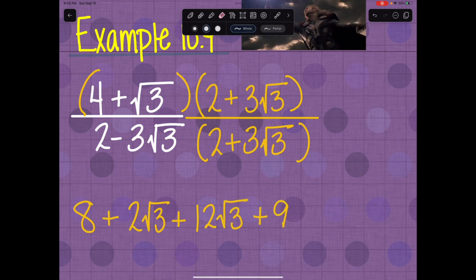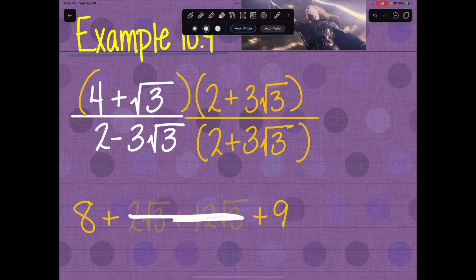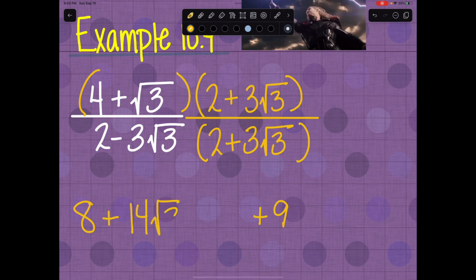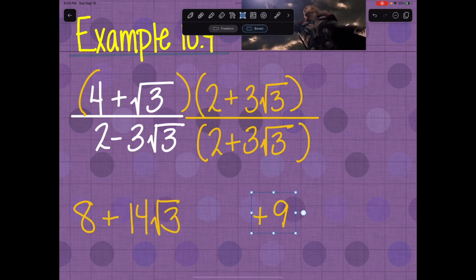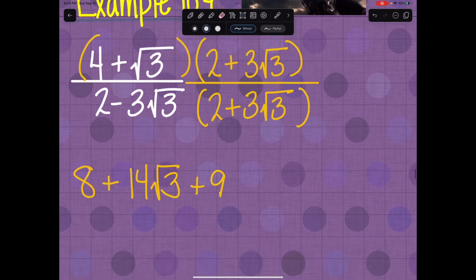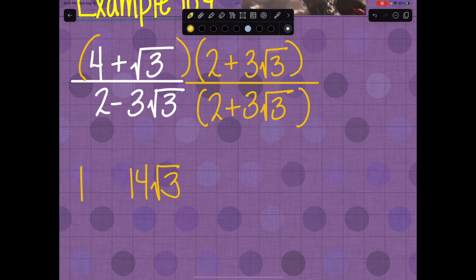We can combine this and just make it 14 square root 3. And then we can combine other like terms, so we can combine the 8 and the 9 and make it 17 plus 14 square root 3. So that's what we're going to get on the top.